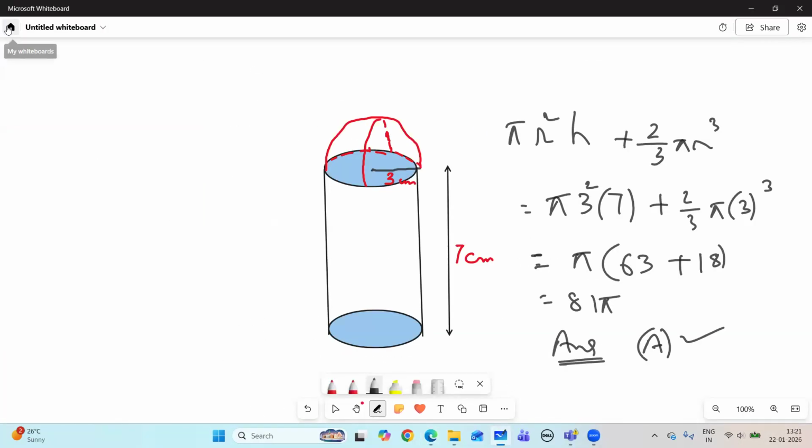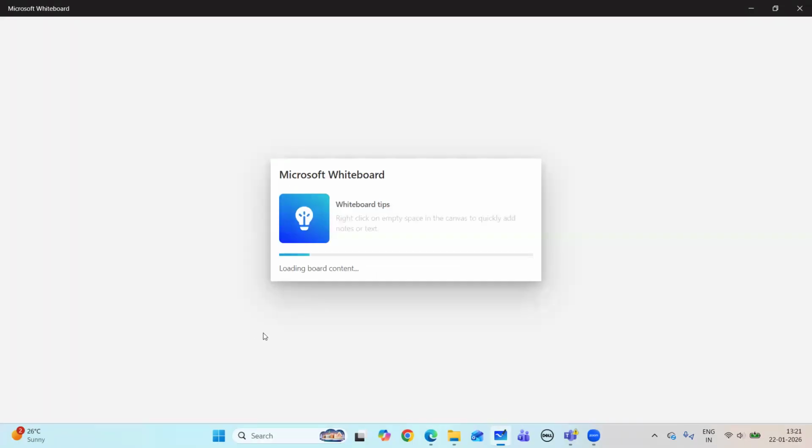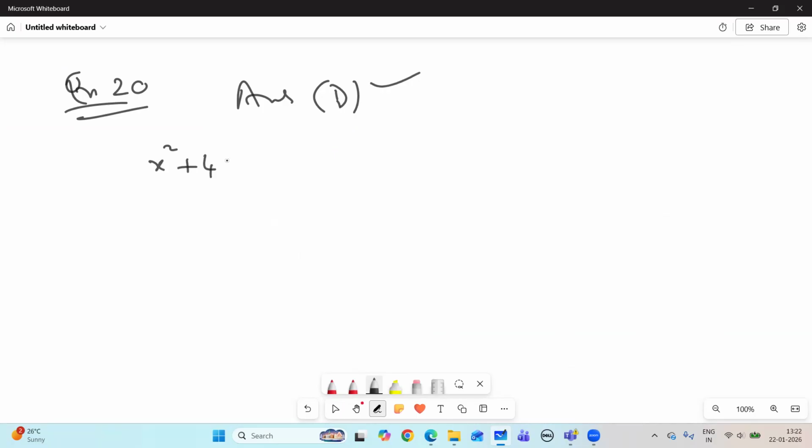For the 20th question, D is the correct answer. Why? We are given x square plus 4x plus 5 equal to 0.